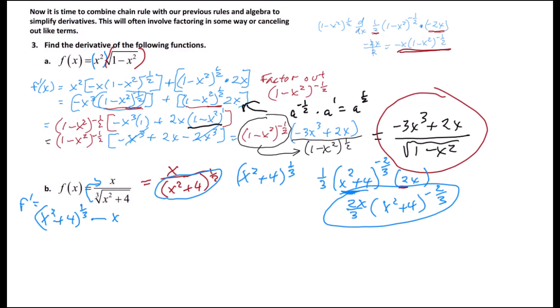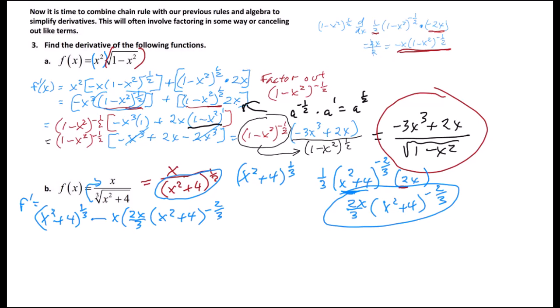There's my derivative of that lower function, the denominator function. So that's what I've got to put in here. I've got x times 2x over 3 times x squared plus 4 to the negative 2/3.